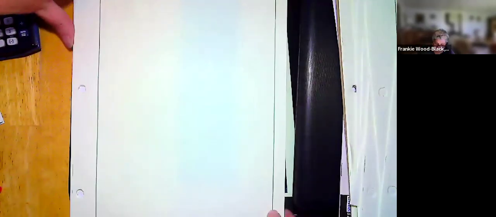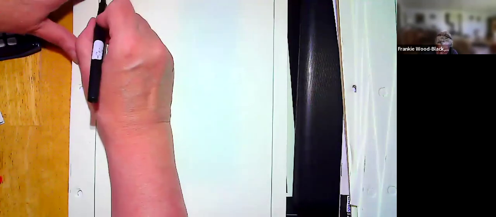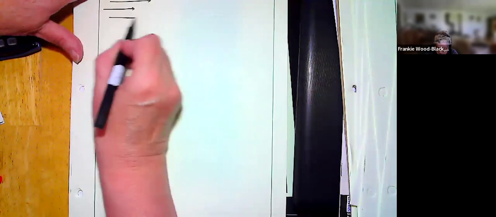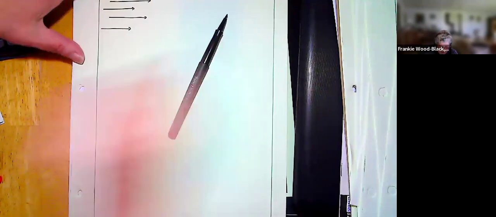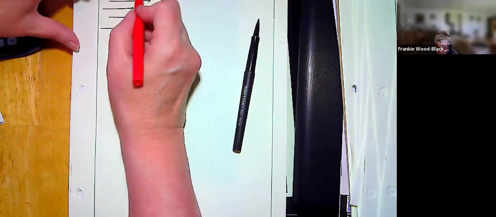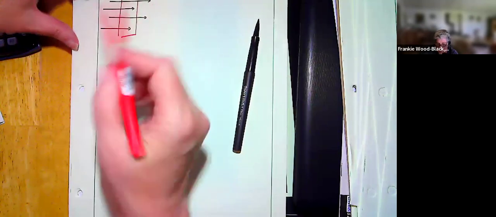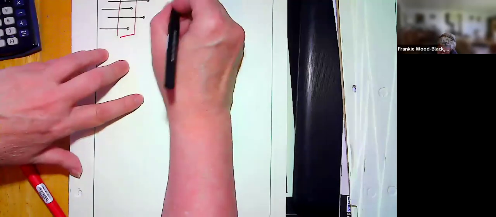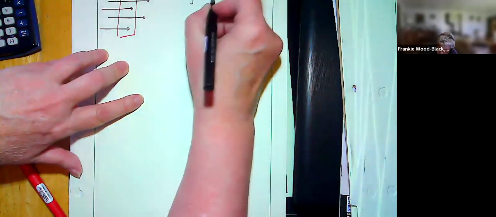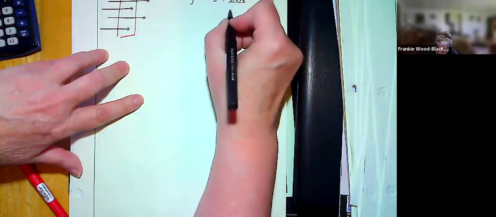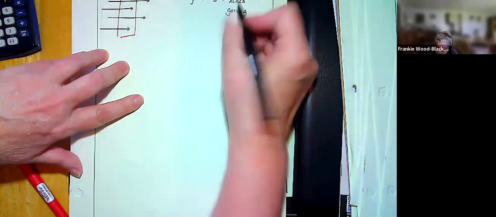All right, let's talk about flux. So the idea, if I have a uniform electric field, and I'm going to draw my uniform electric field here, and I'm going to put an imaginary plane in my uniform electric field, the flux is going to equal the number of lines going through that plane.